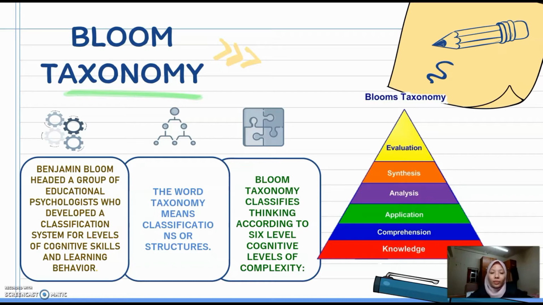The word taxonomy means classifications or structures, so Bloom's taxonomy classifies thinking according to six cognitive levels of complexity, as we can see at the right of the slide, starting from the bottom with knowledge, then comprehension, application, analysis, synthesis, and evaluation.